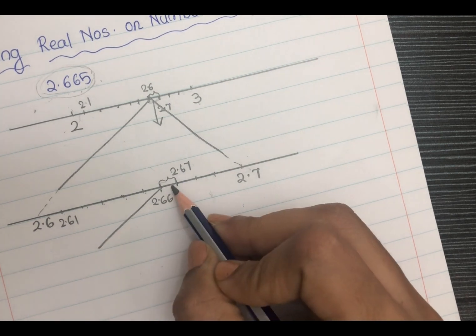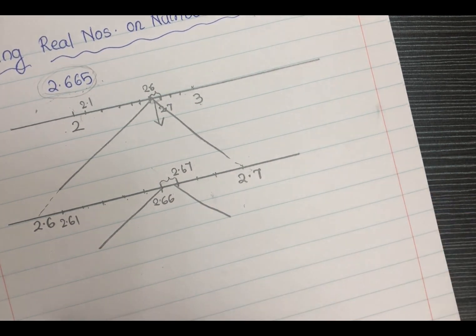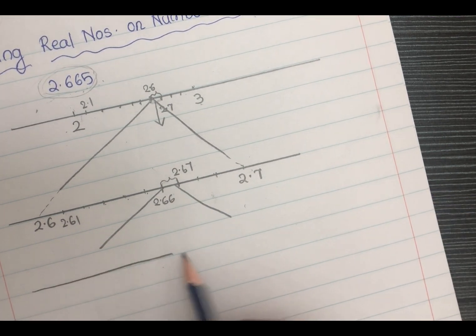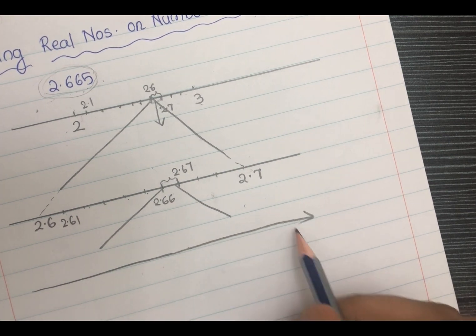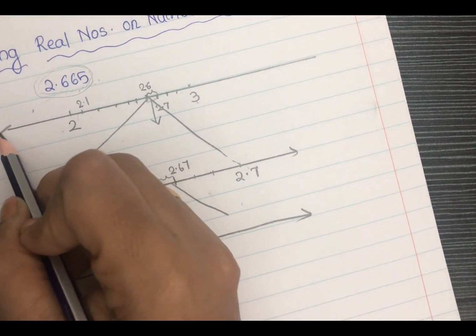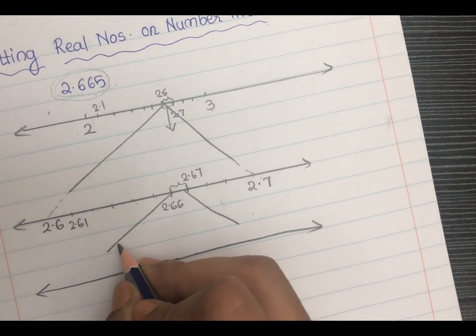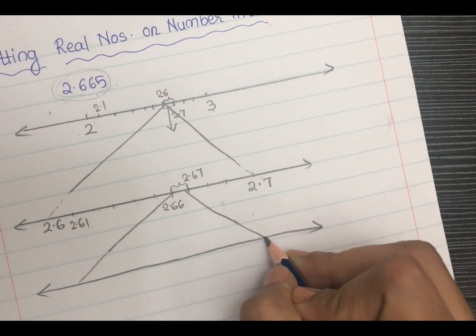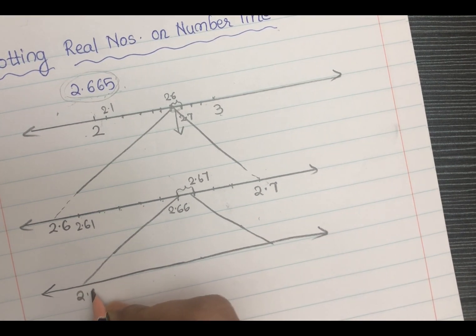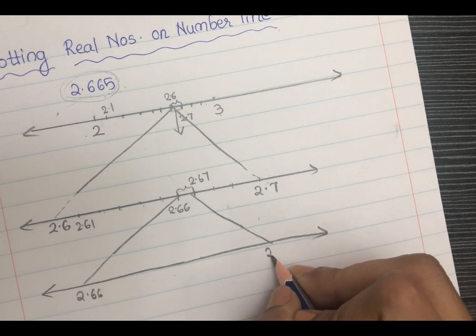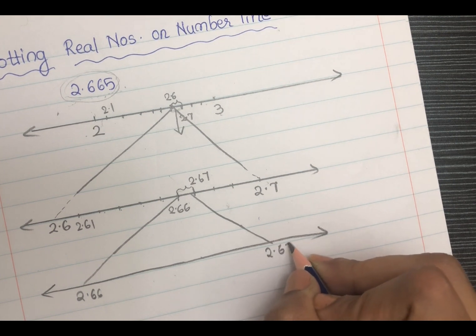Again we'll plot this onto another number line. 2.66 and 2.67.